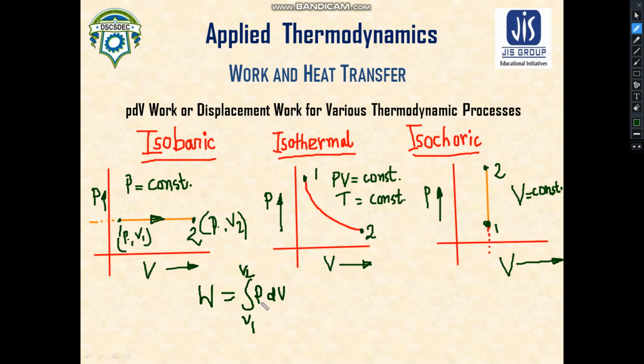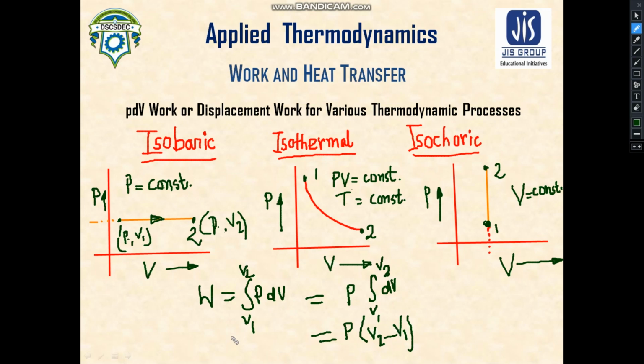Since P remains constant, we do not need to correlate it with dV. So we can treat this P as constant, and we can integrate dV between the limits of V1 and V2, which gives us P(V2 minus V1). I am not getting into the integration; this is very simple.